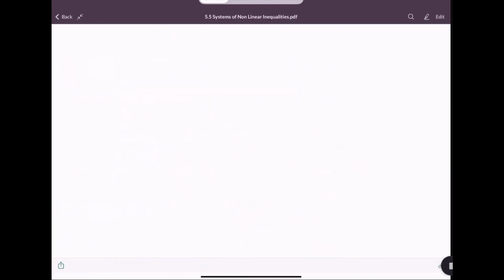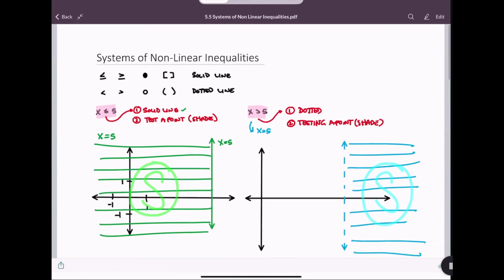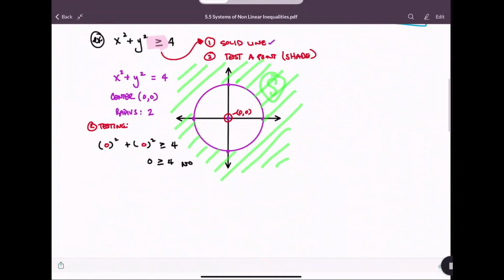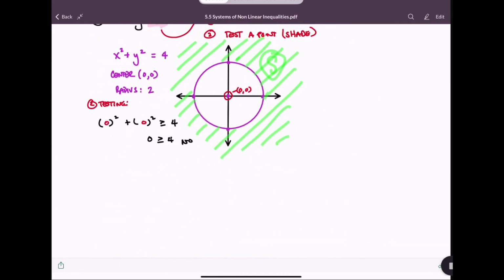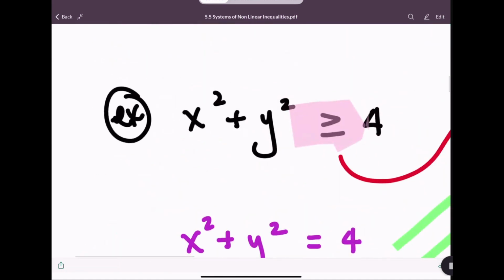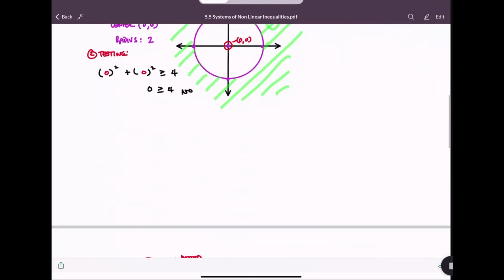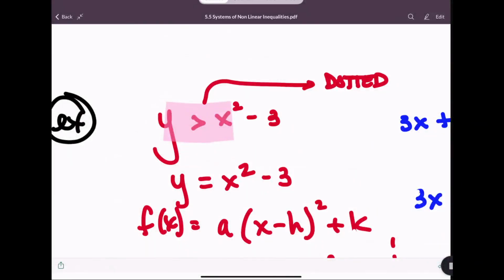5.5 is actually going to be the easiest notes, because you guys actually have done this before. Except this is going to be based on nonlinear. So now you're going to have to recognize a circle. Right? X is squared, y is squared, adding them is a circle, versus a parabola: x is squared, y is to the first power, right?